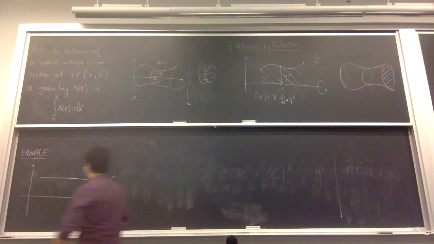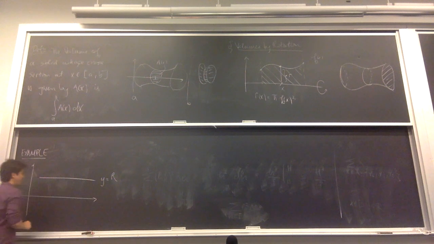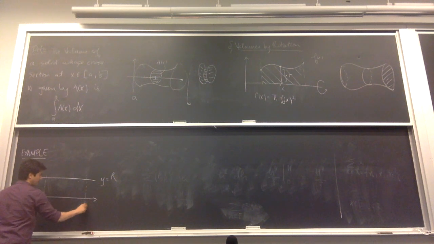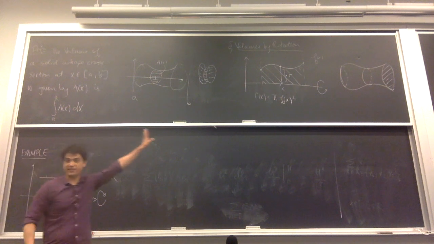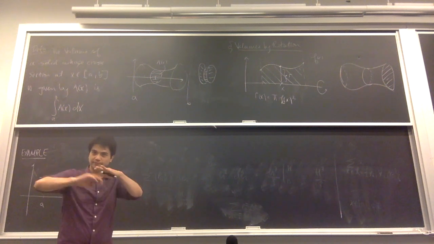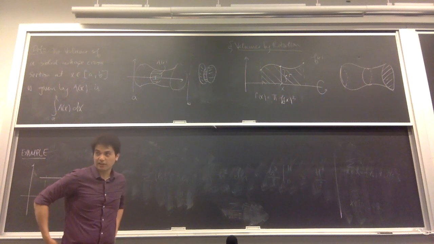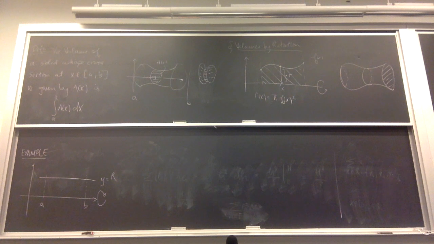R. Okay, and I go from A to B. What shape do you get when you rotate this? Cylinder. In fact, that's also called a cylinder. Anything which you can cut and produce a circle every time you cut is a cylinder. Cylinders are basically created by these rotations around the axis.